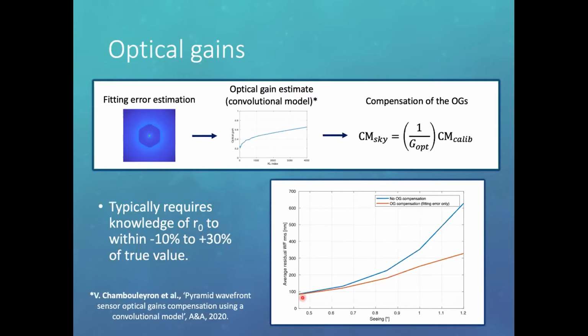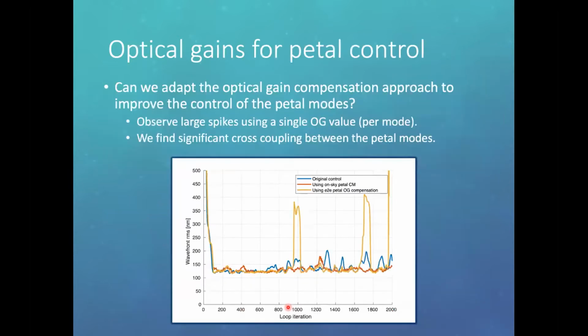And you can see here a plot of seeing versus the performance with and without this optical gain compensation. One thing we wanted to look at was if we could adapt the optical gain compensation approach to improve the control of the petal modes.